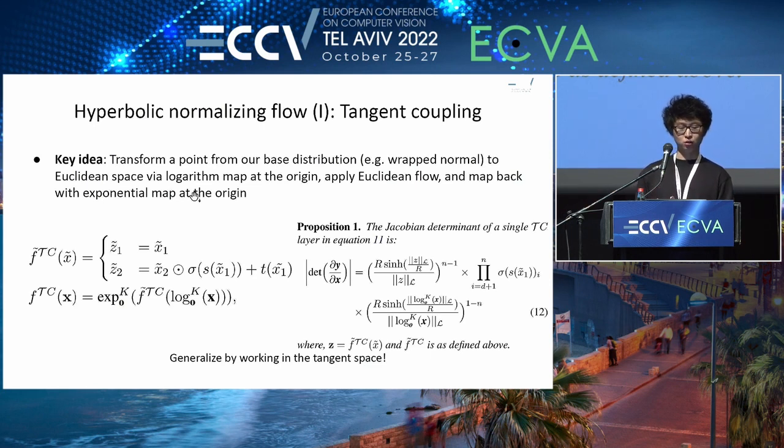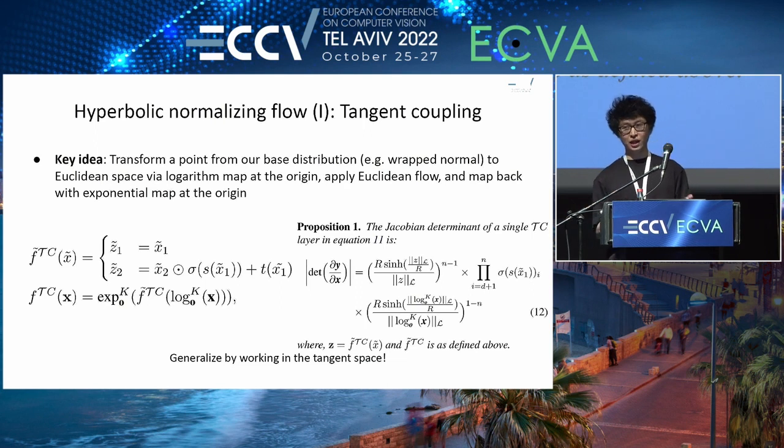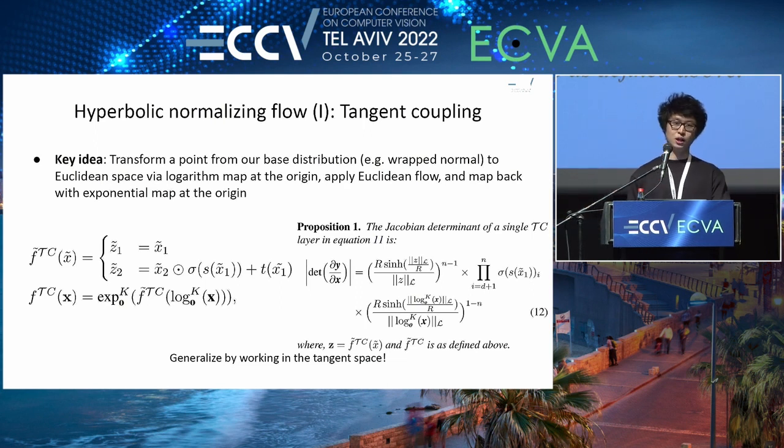The typical choice is the origin, because there's actually an exponential map at every point in hyperbolic space, so there are a lot of different ways to apply it.